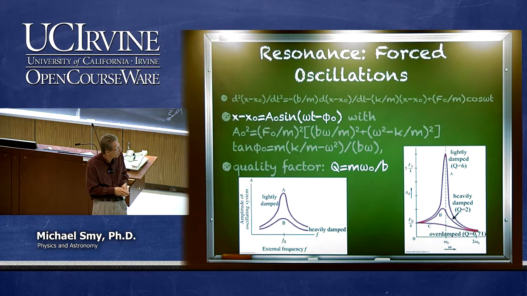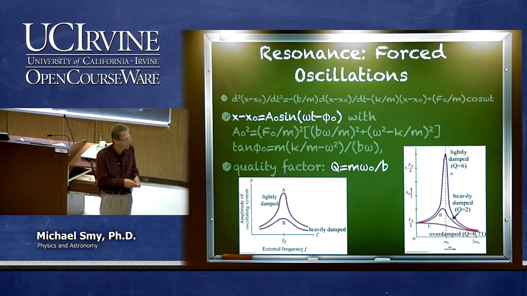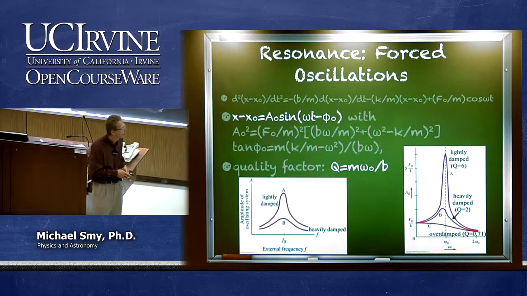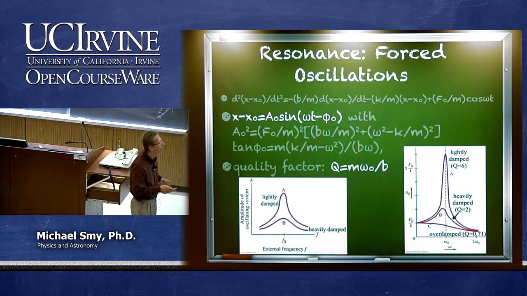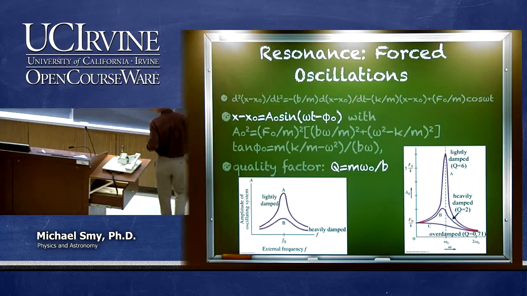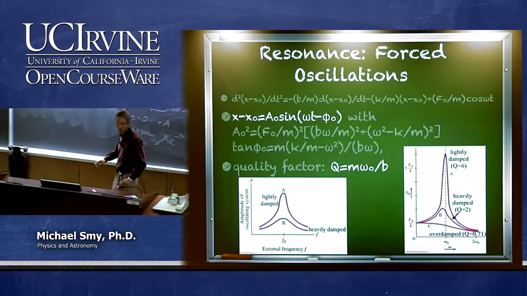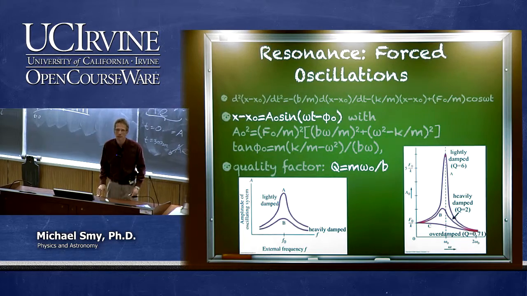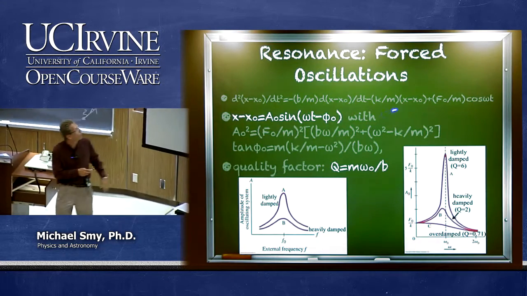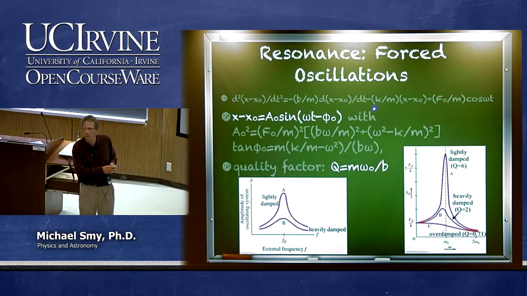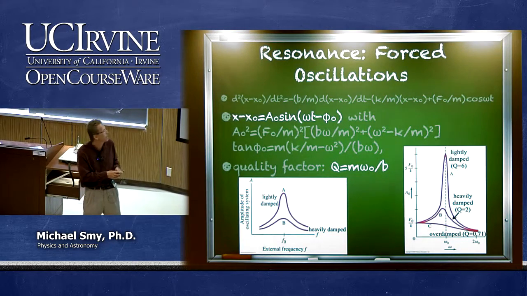And by the way, this curve C, which doesn't have a peak at all at omega 0, that is the overdamped case. And B is just heavily damped, and curve A is lightly damped. Yeah, m is mass in this case. So we are back to the spring. So you have the spring constant k and the mass m.